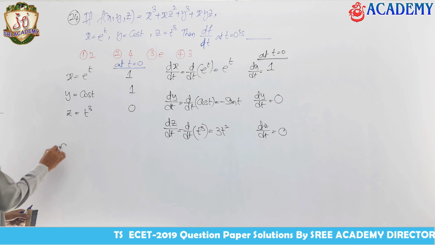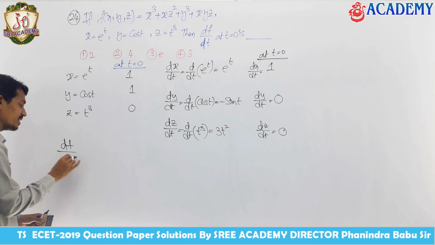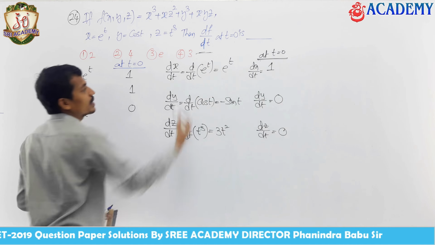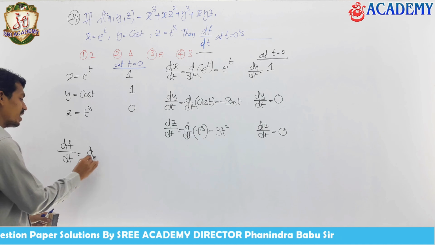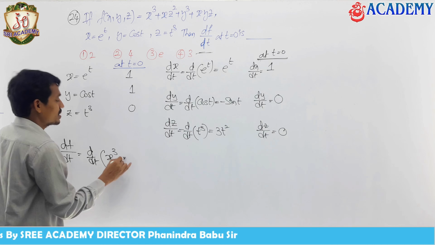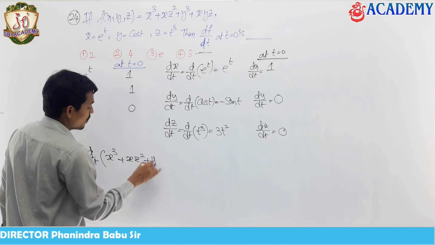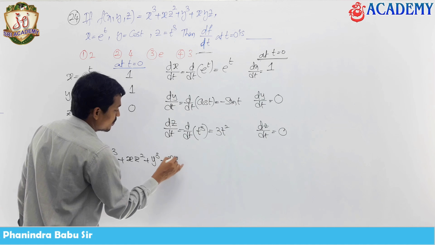Now I am finding df by dt. We want df by dt, that is d by dt of x cube plus x z square plus y cube plus x y z.